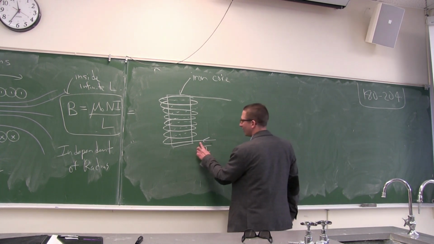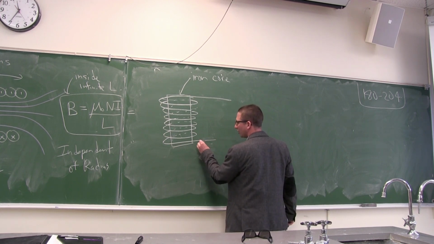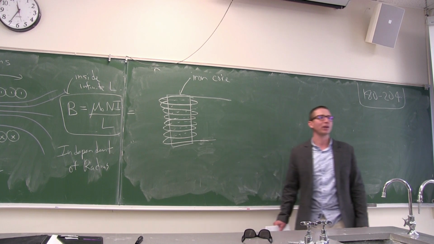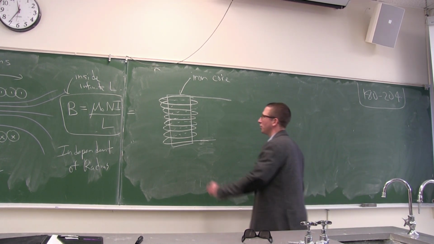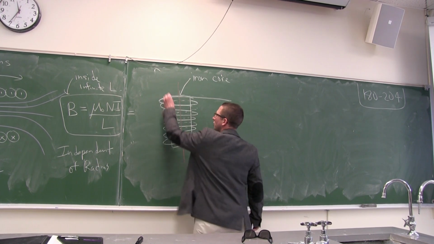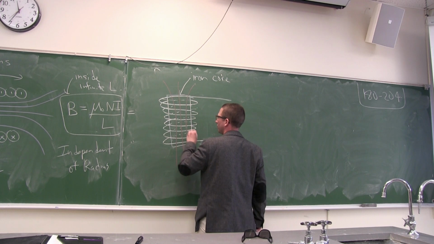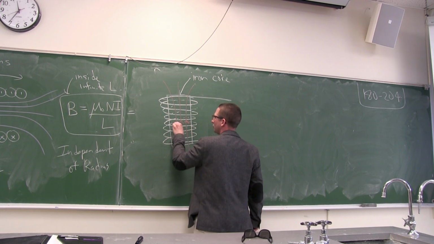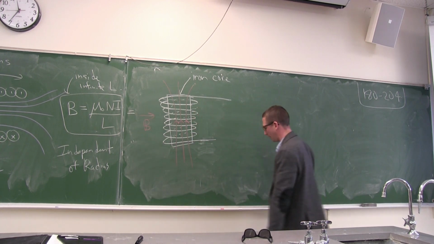You get a stronger magnetic field. Actually, I could really make the current go in any direction here. Now let's say that once I measured the magnetic field, I found that the magnetic field inside the solenoid points up.